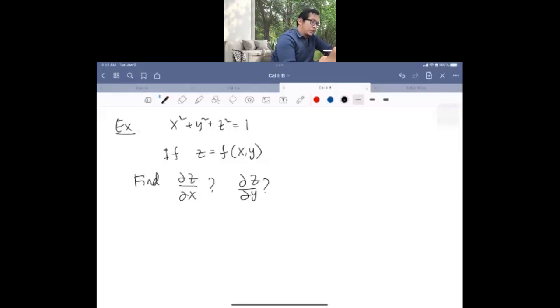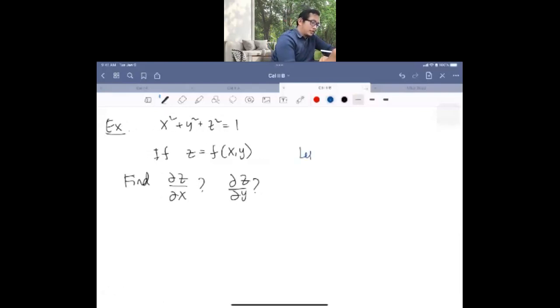So first, we can let the function of three variables x, y, z, f(x, y, z) equal x squared plus y squared plus z squared, and this is equal to 1, right? So we can write the tree diagram: f depends on x, y, and z, with z having two variables x, y.